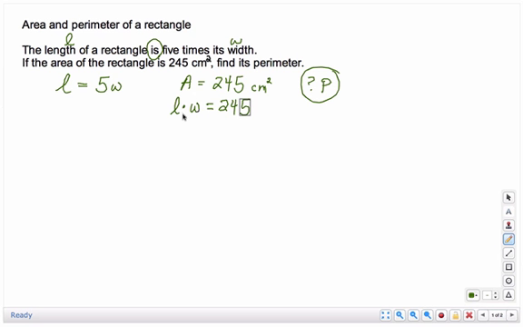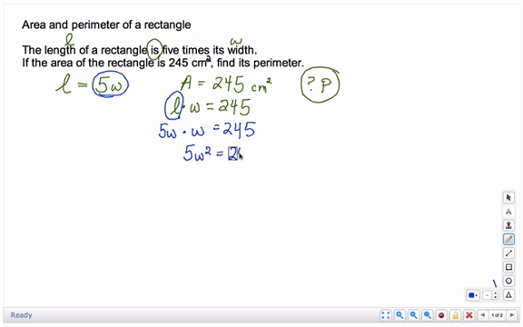And now we can use substitution to replace the L here with the 5W, because again in this equation here length equals 5 times the width. It tells us that 5W is the same as L. So we replace L with 5W. Now we simplify the left side here. 5W times W is 5W squared.